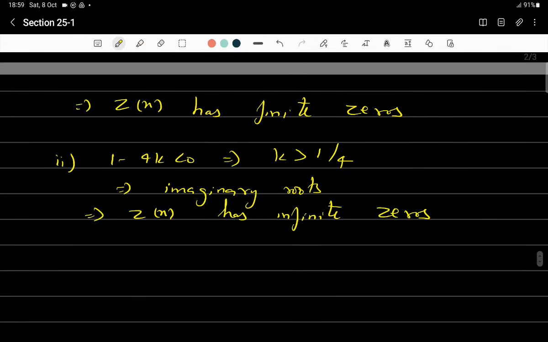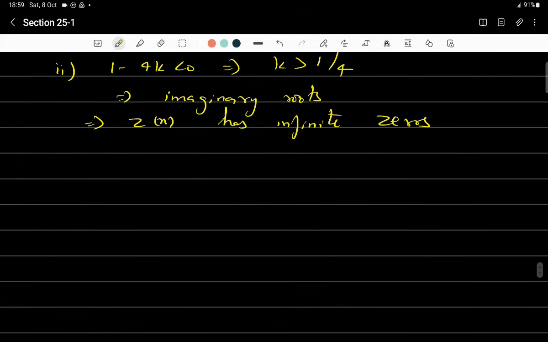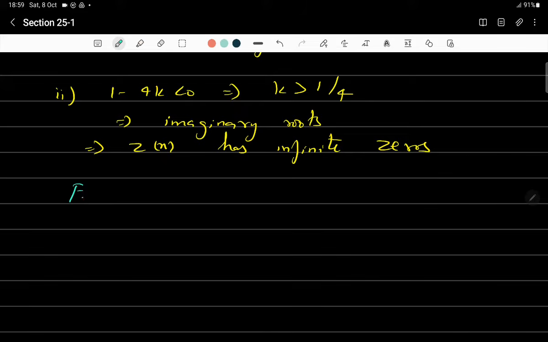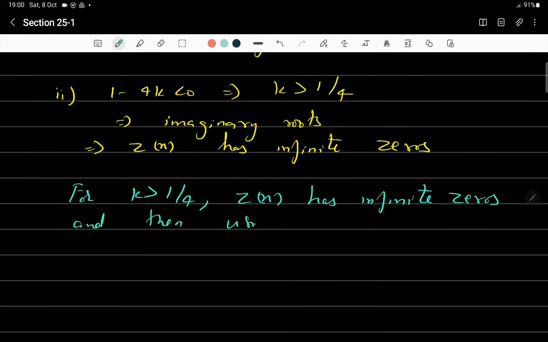So when k is greater than 1/4, z(x) has infinite zeros, and then using the Sturm comparison theorem, y(x) has infinite zeros.